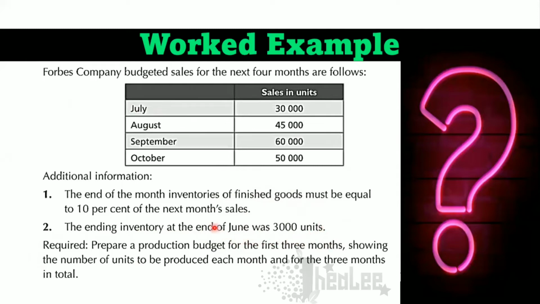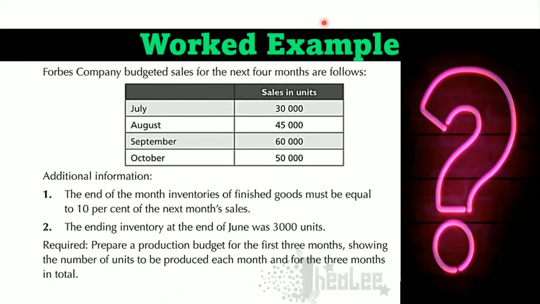So closing inventory for the last month becomes the opening inventory for the current month. You're required to prepare a production budget for the first 3 months, showing the number of units to be produced each month and for the 3 months in total. So let us look at our workings for that.